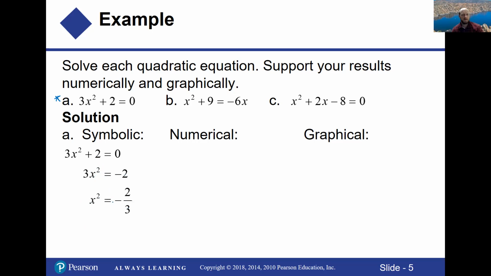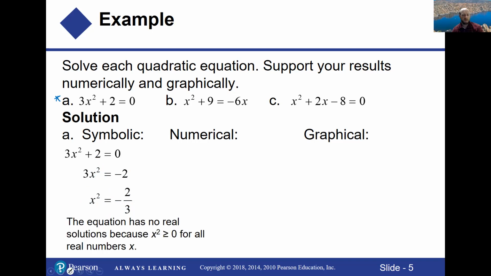So we have x squared equals negative 2/3. But when I square root both sides of this, we notice that we cannot take a square root of a negative number. So this case symbolically has no real solutions, because x squared needs to be greater than or equal to 0 for all real numbers x. So this has to be positive, basically.